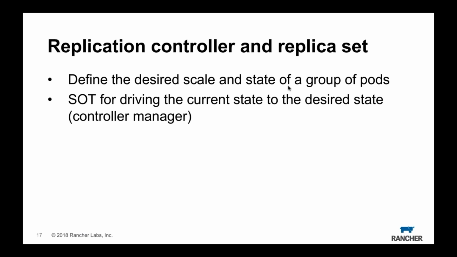The replication controllers are basically the source of truth for Kubernetes to drive the current state to the desired state. So in Kubernetes, you have these controller managers that are running on the master nodes, and they use the configuration in the replica sets to know what the desired state is for a given pod.